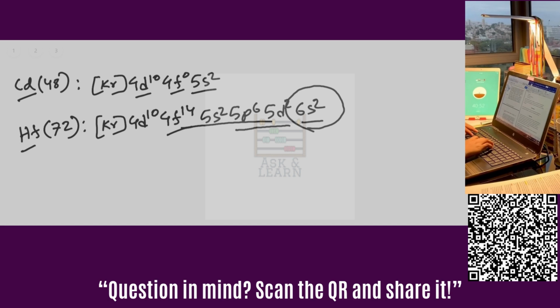That's why the control of the nucleus over a row 3 atom is almost the same as the control of the nucleus over a row 2 element. That's why in case of the transition metals from row 2 to row 3, the atomic radii remain almost unchanged.